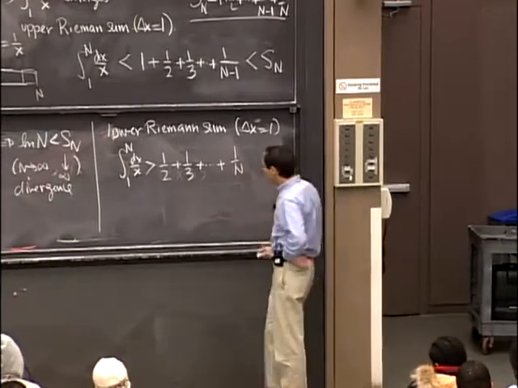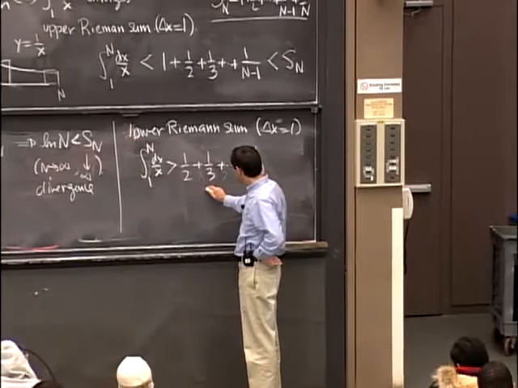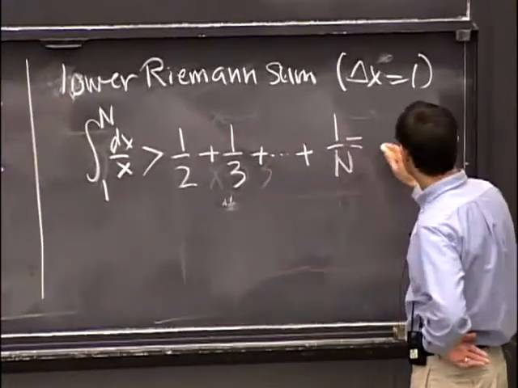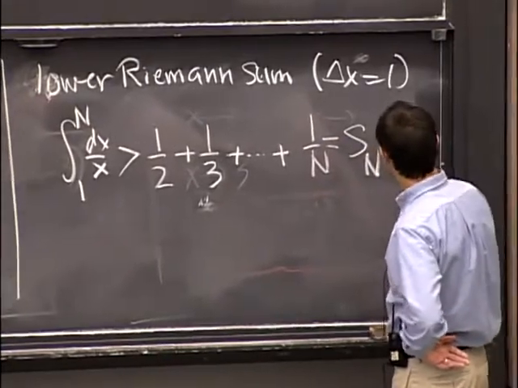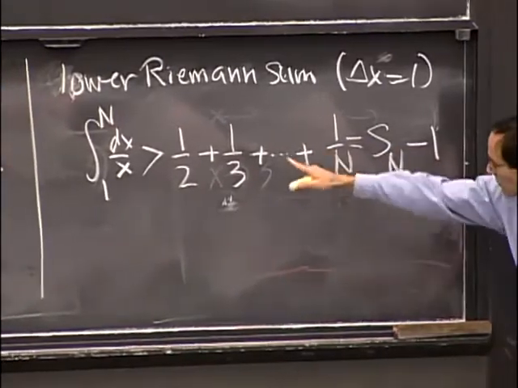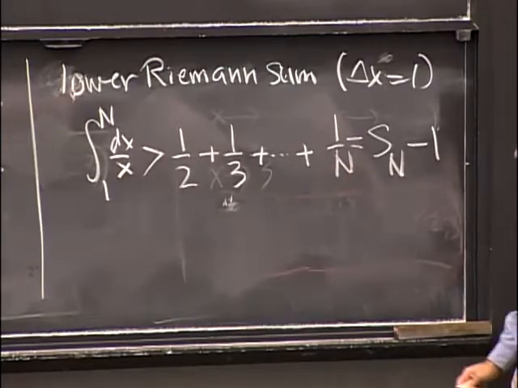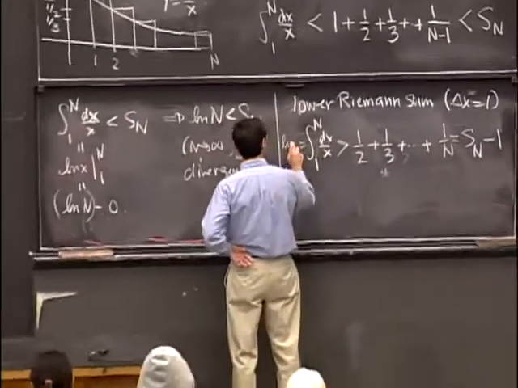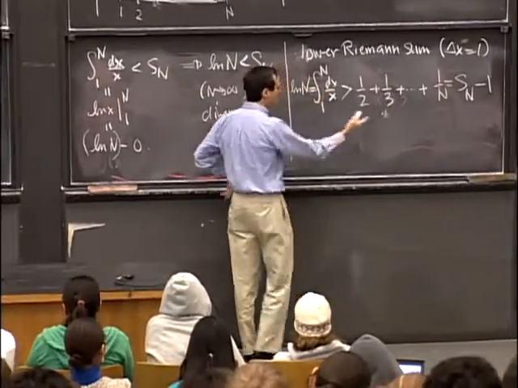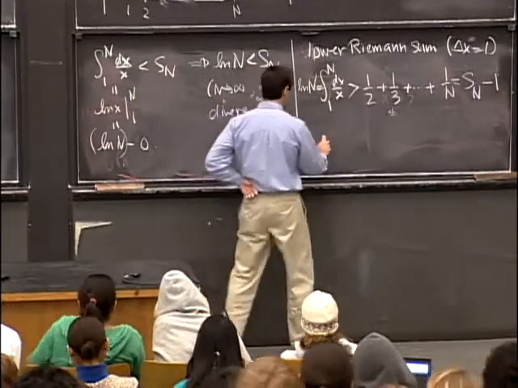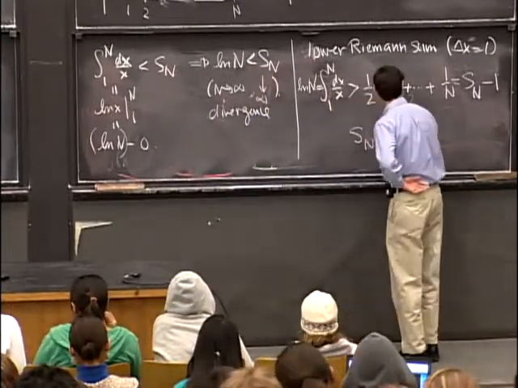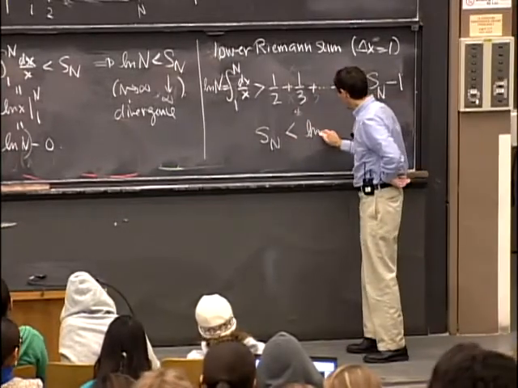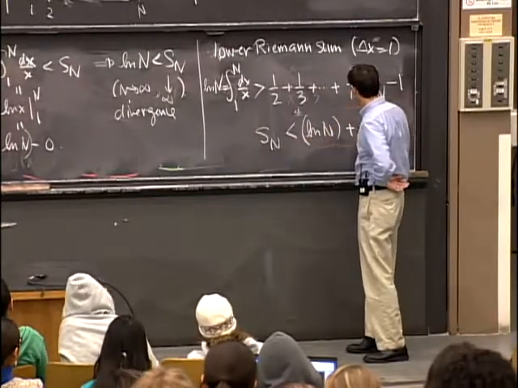And now we can recognize that this is exactly equal to Sn minus the first term. So we missed the first term, but we got all the rest of them. So if I put this to the other side, remember this is log n. I have the other side of this bound. I have that Sn is less than, if I reverse it, log n plus 1.